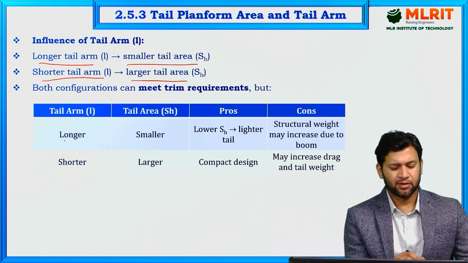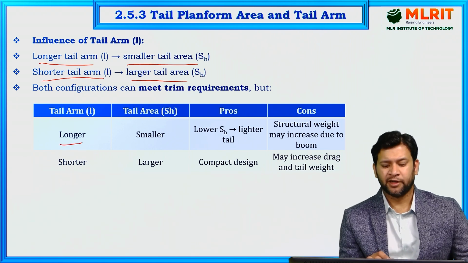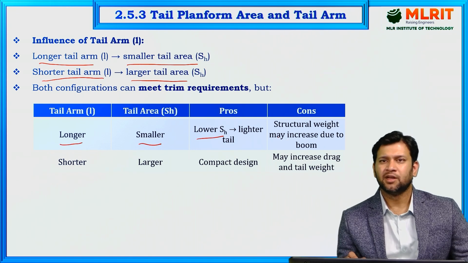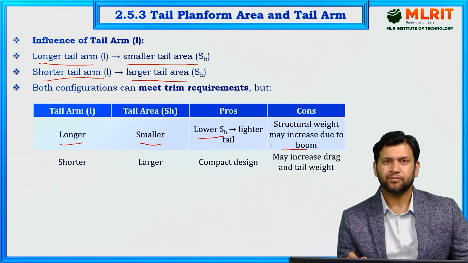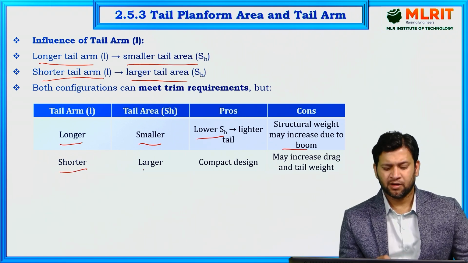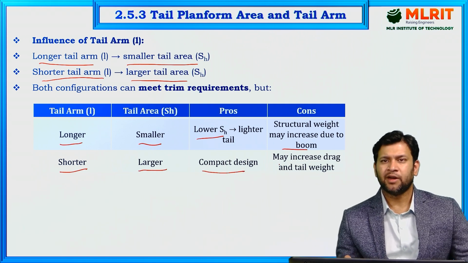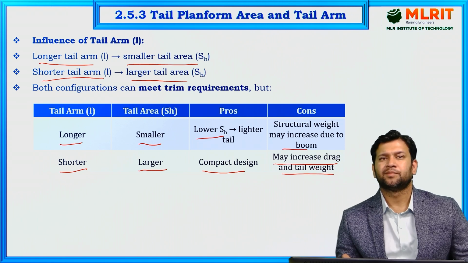For a longer tail arm, the tail area is smaller, so it will have lower SH and a lighter tail, but a disadvantage is that structural weight may increase due to the boom. A shorter tail arm length will have a larger tail area, which gives a compact design, and it may increase drag and tail weight.